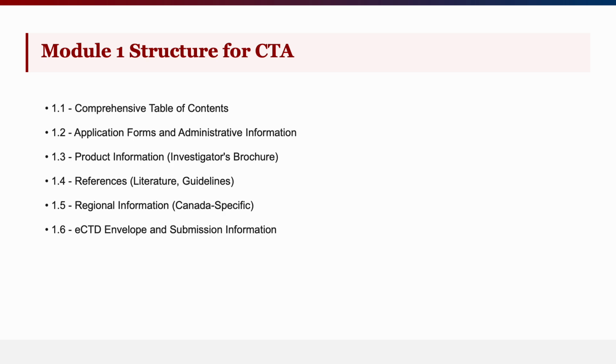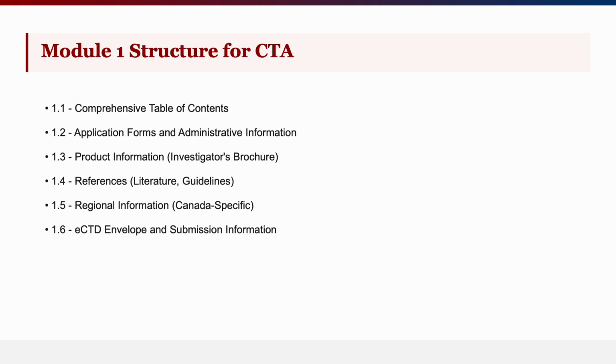Section 1.3 contains product information. For a CTA, the primary document here is the investigator's brochure, which compiles all relevant information about the investigational drug for clinical investigators. Section 1.4 is for references, including any literature references or guidelines that support your application but aren't part of the core submission documents.